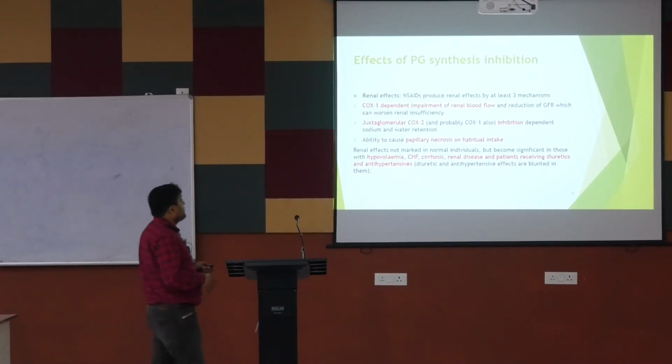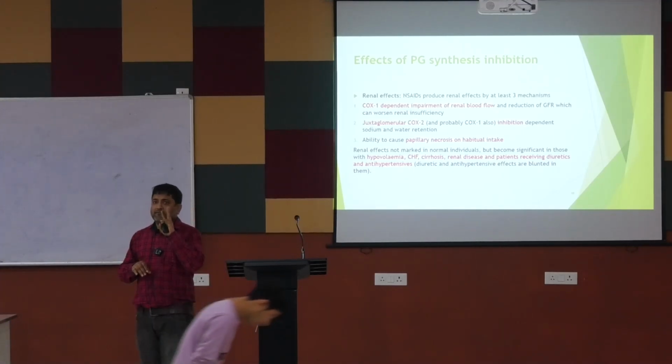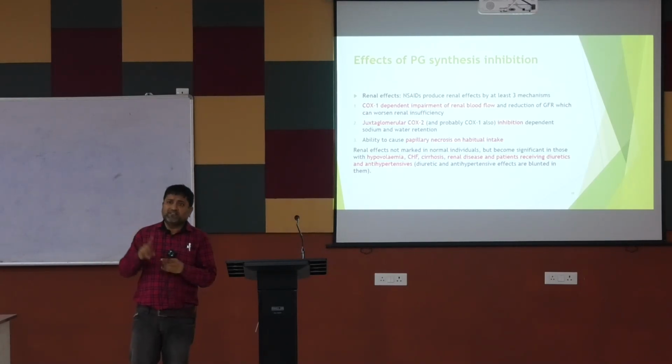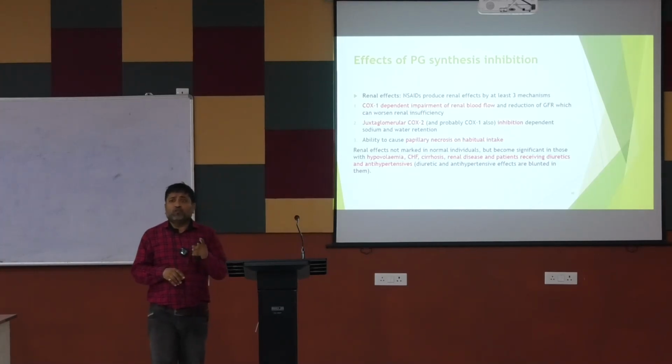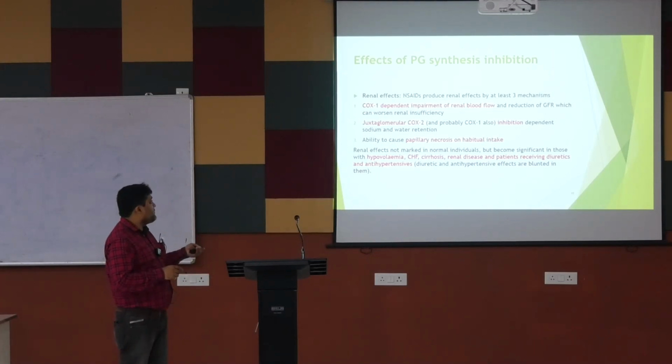Now, renal effect. NSAID causes renal injury by three mechanisms. One is the COX2 enzyme is constitutively present in the juxtaglomerular cells. By inhibiting that enzyme, there is salt and water retention. Number one. Number two, COX1 enzyme is present in the renal blood vessels.